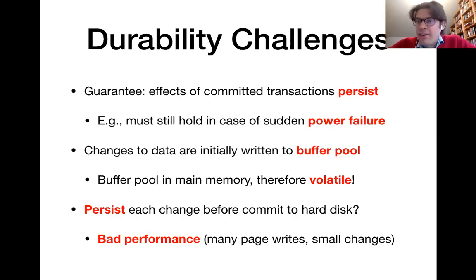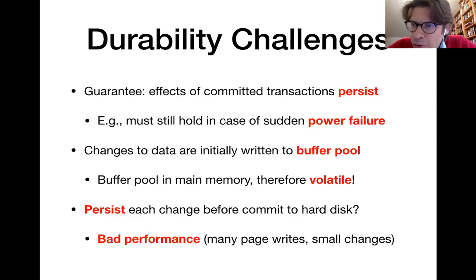Now, one thing we could do, of course, is that every change is not only written into the buffer pool, but we also write it to hard disk. And if you do this immediately, or at least before the corresponding transaction commits, the problem is that we might get pretty bad performance because we have to write a lot of pages on hard disk.